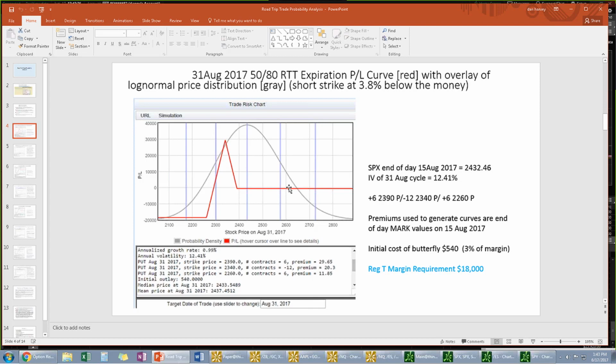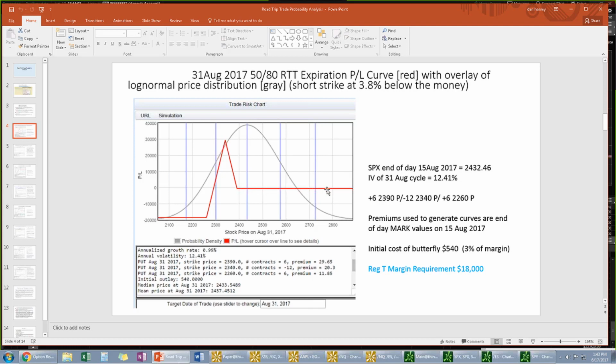Well, if you think about this for just a second, you need to remember we're going to be simulating this thing 100,000 times. Nobody here listening to this is going to live long enough to do this 100,000 times. Well, I might, but I don't think anybody else will. Okay, I'm only kidding. But you're going to have thousands of trades over here, and the most you're going to lose is $540.